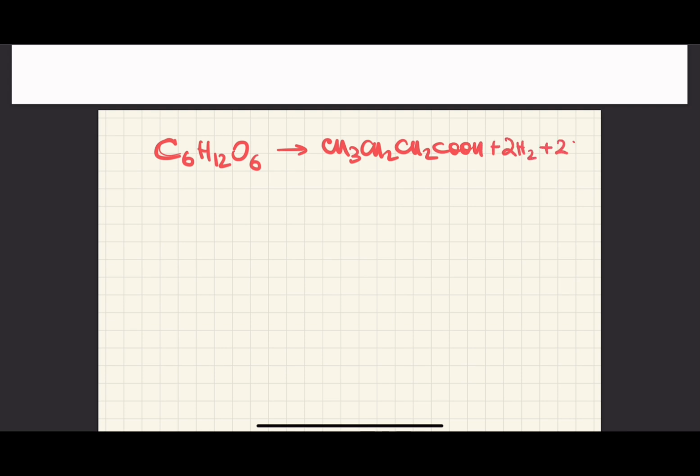So butyric acid fermentation starts with glucose, C6H12O6, and we make in here butyric acid, which is CH3CH2CH2COOH, and there would be 2 moles of H2 and 2 moles of CO2.